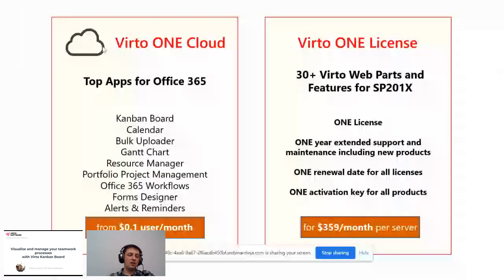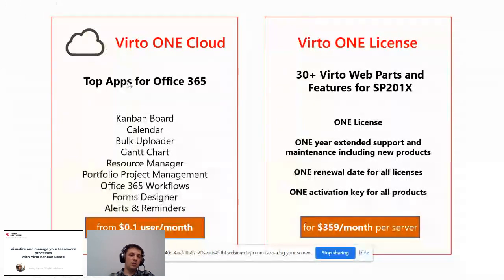And how is the Kanban board licensed? We have a Kanban board for SharePoint on-premise and for SharePoint Online. For SharePoint on-premise, it's licensed per web front-end server. And for Virto Cloud, it's licensed per users who can view or edit events and tasks directly on the Kanban board.